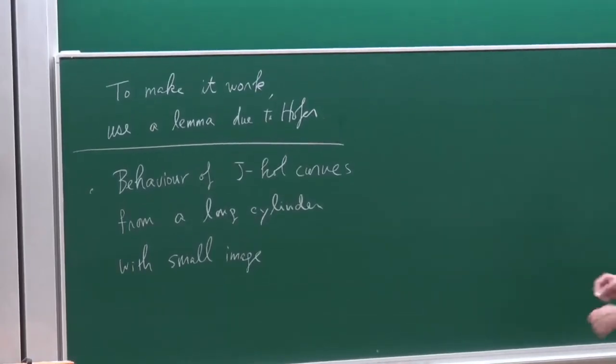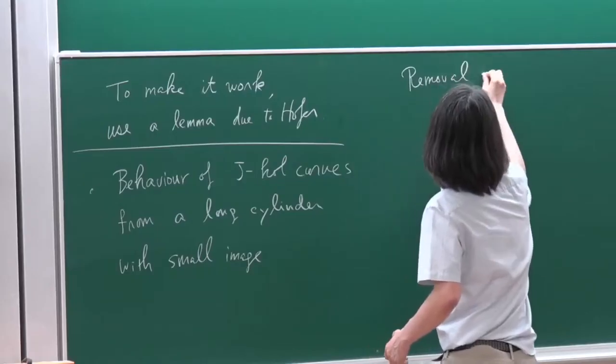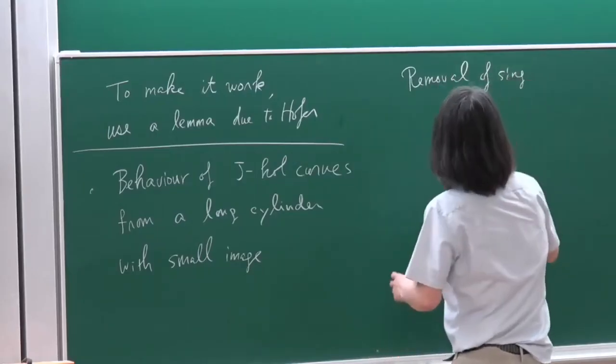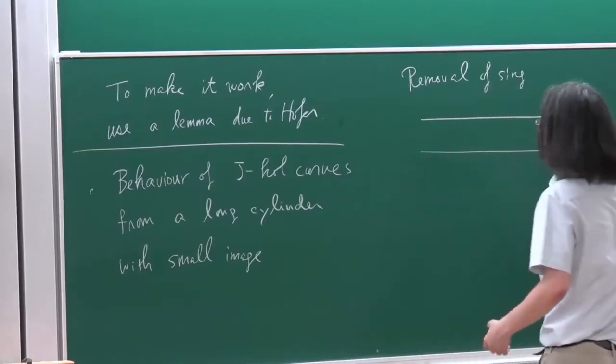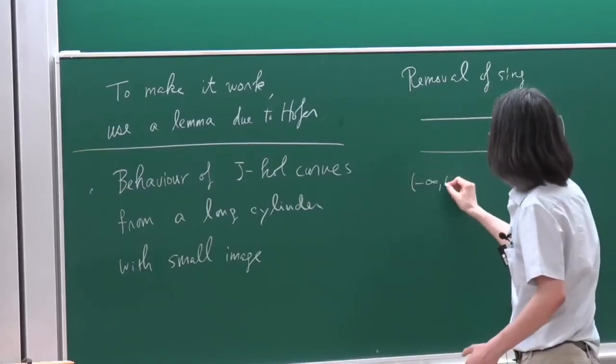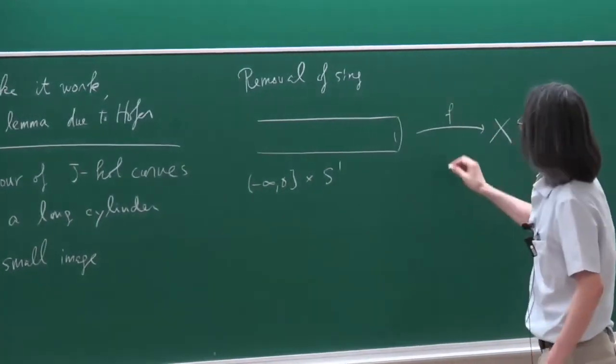What does it mean? Last time for removal of singularity, what I said is that you have a half cylinder, minus infinity to 0 cross S1, mapped to X, and here is a map F, the holomorphic map.